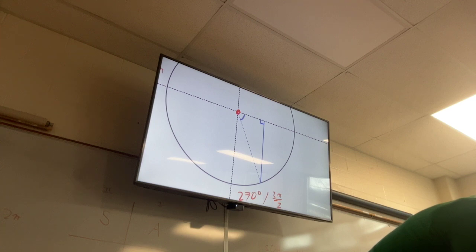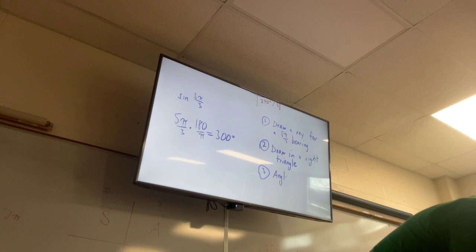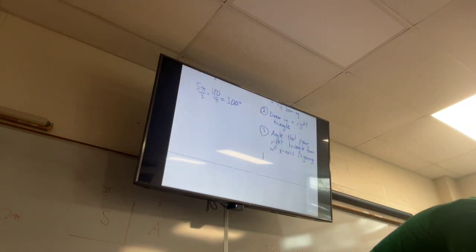This angle right here, the angle that your right triangle forms with the x-axis, is going to be your special triangle analog. That's what I'm going to call that. It's a fancy word.